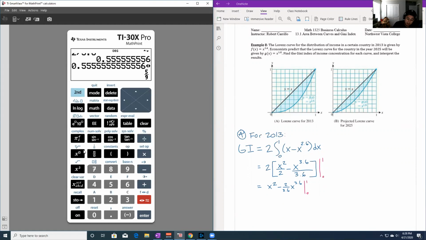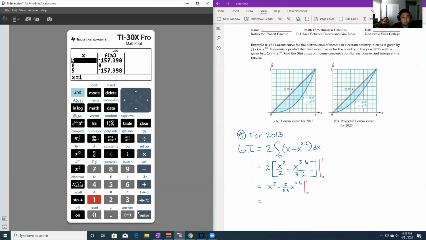Okay, let's calculate. Over here on my calculator table, clear, x squared minus fraction 2/3.6 x raised to the 3.6. Enter, enter, enter.